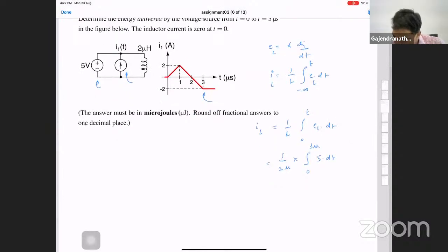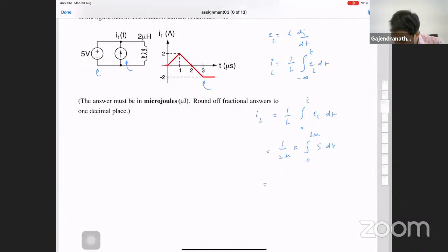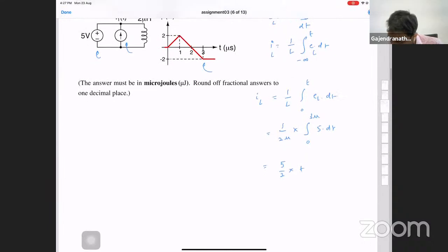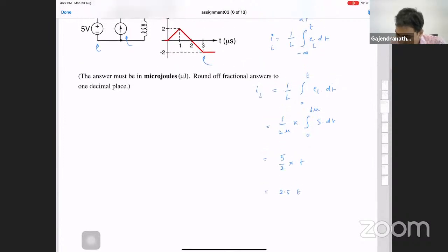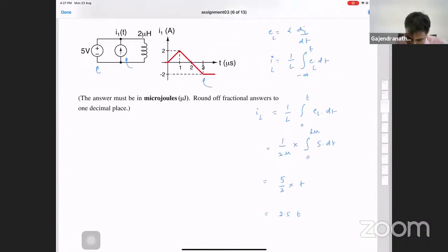So basically, the current in the inductor is 5 by 2 times t, right? So that is 2.5 t. So that's what the current in the inductor is.